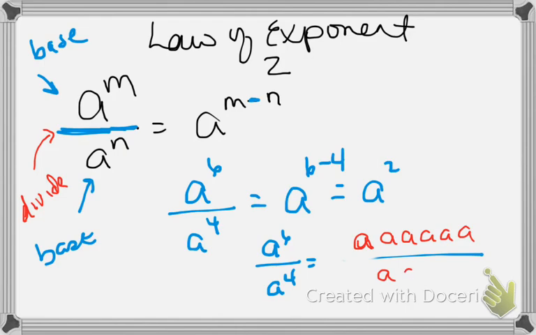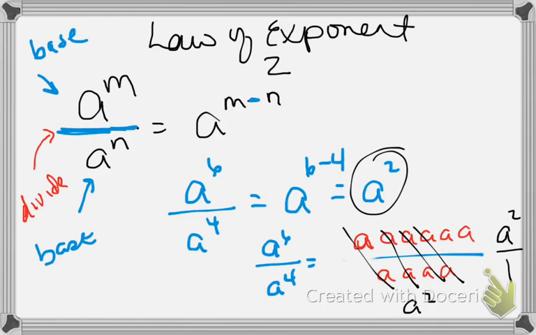On the bottom bunk we have 4 A's. If we match them, how many would we have left and where would they be? You'd have 2 A's, or A squared, at the top and none on the bottom. So my answer would be A squared, just like what we got here.